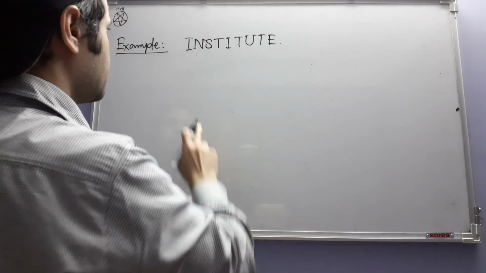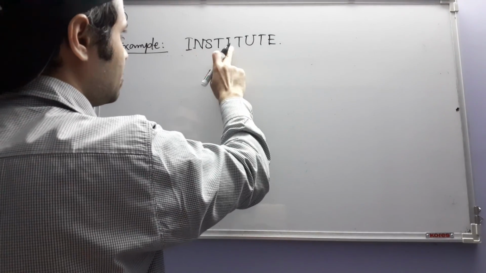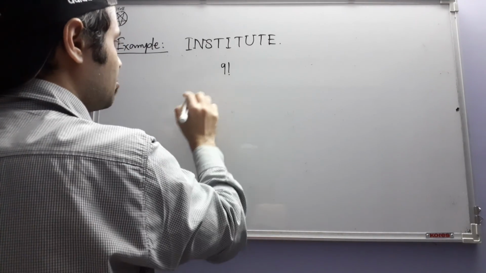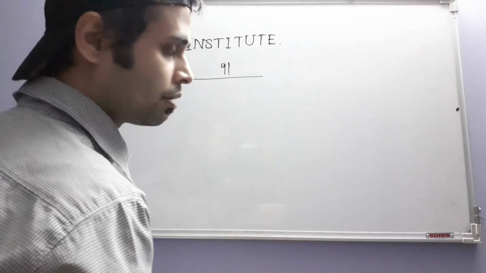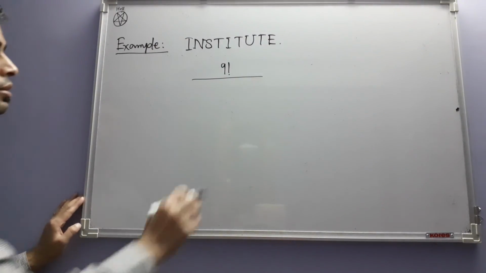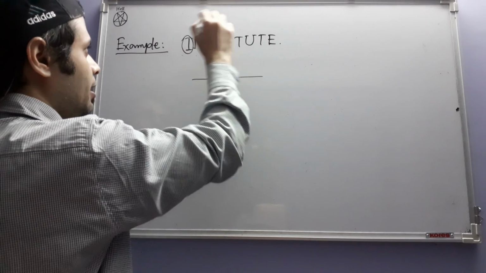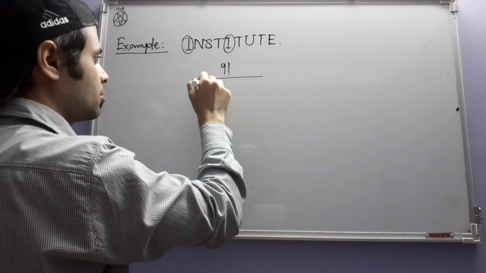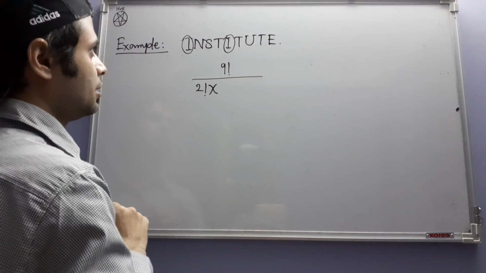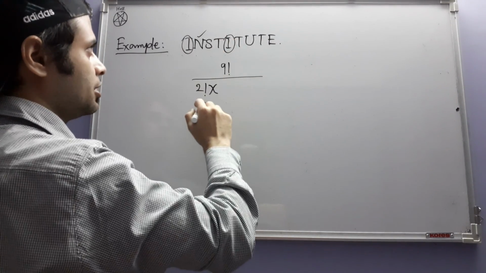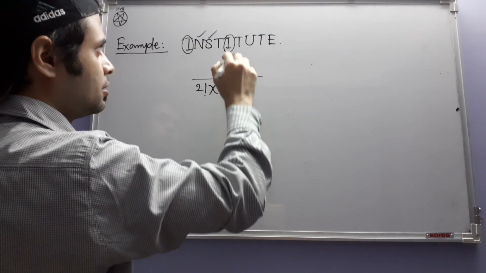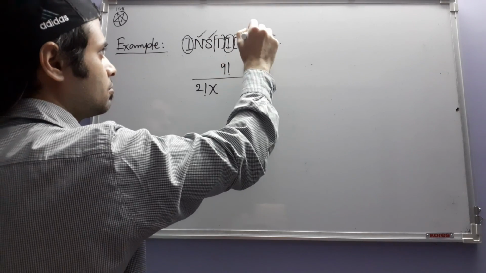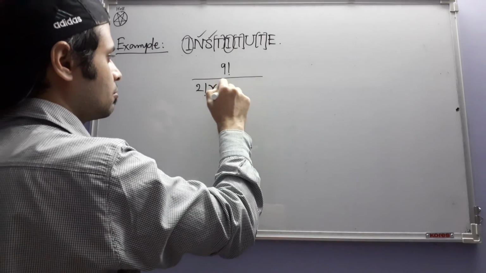Now, how many letters are there? 1, 2, 3, 4, 5, 6, 7, 8, 9. So, considering them as distinct, we get 9 factorial permutations. But that's not the case, because I appears twice. So, we have to divide by 2 factorial. N appears only once, that is okay. S also appears once. T appears 3 times, 3 factorial.